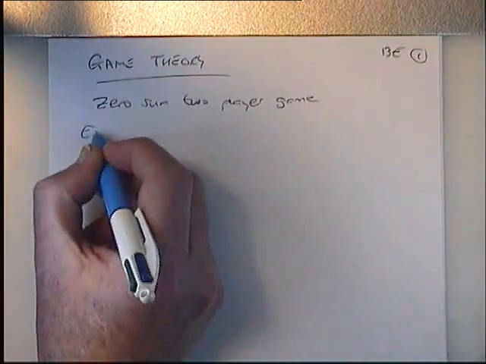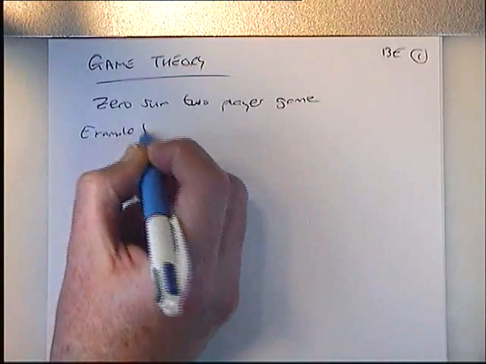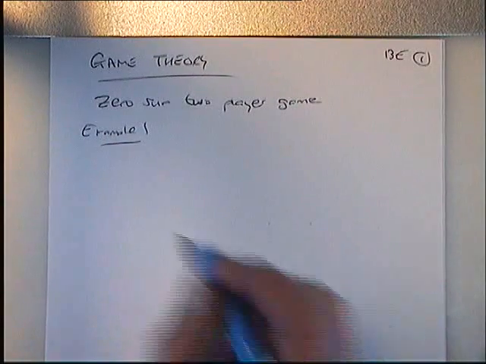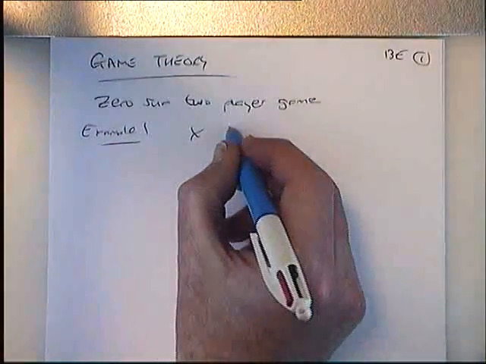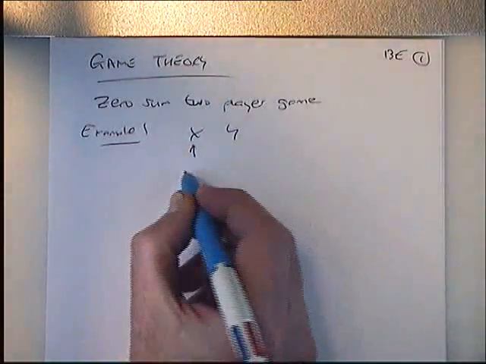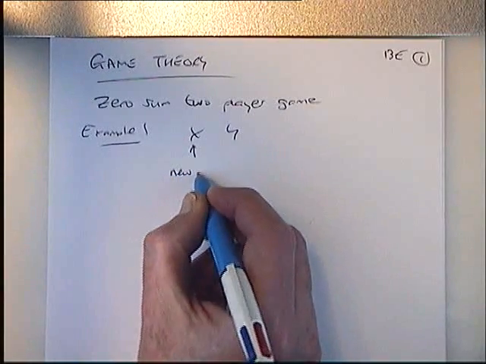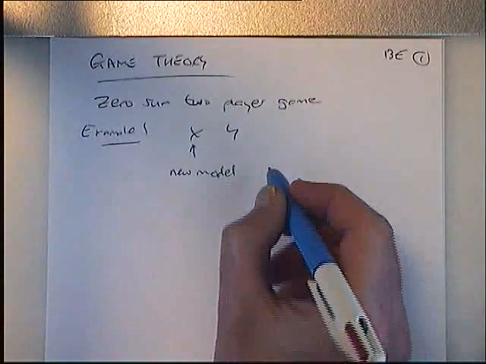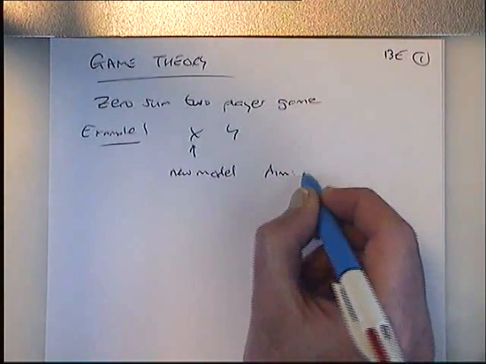What I want to go through now is an example, which we'll call example number 1, because it's the first one we're doing. It'll be about two laptop companies, Company X and Company Y, who are competing against each other. Company X is introducing a new model of laptop, and they want to increase their market share.